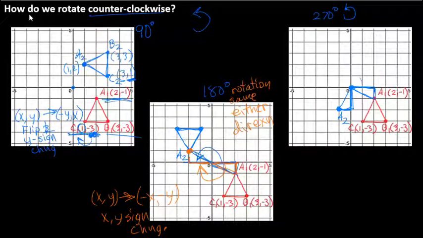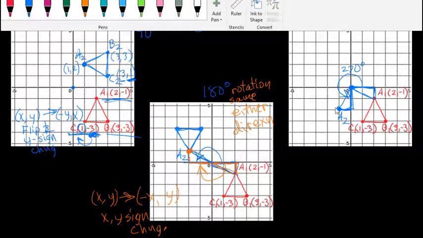Okay, I went 90, 180, and then 270 degrees. Now when I rotate this, you're going to notice something a little familiar. So let me go ahead and work on my other vertices.